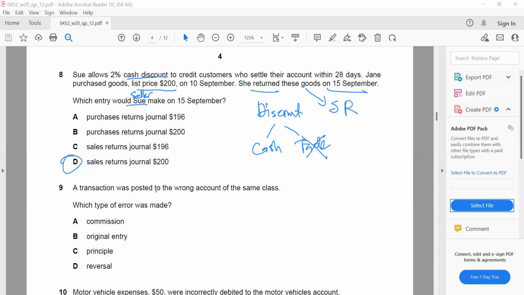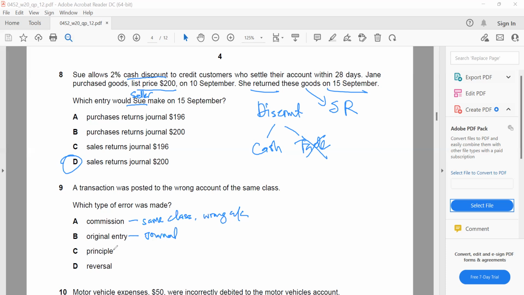A trader posted to the wrong account of the same class. Which type of error was made? So commission is talking about the same class, wrong account. Original is talking about the recording in the journal where the mistake was already made in the first step.